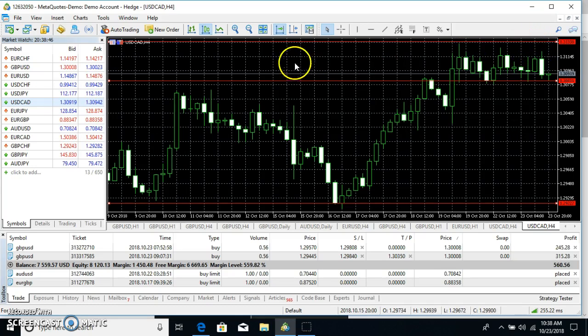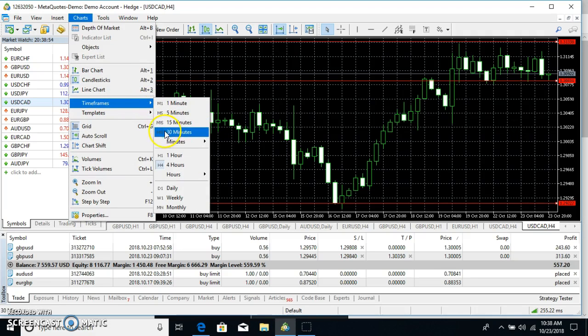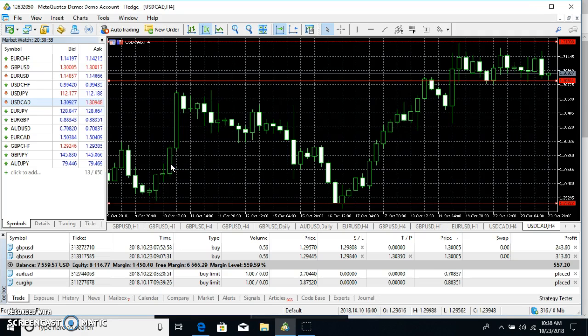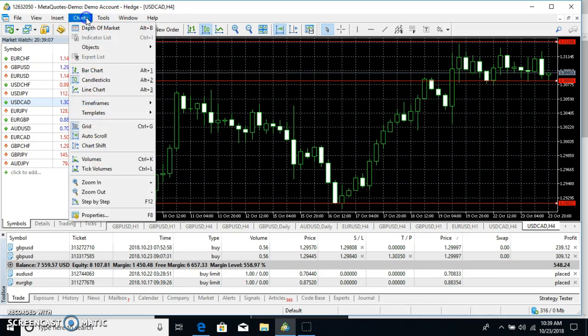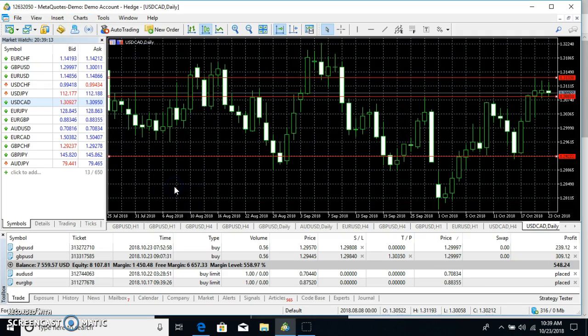And you can see it better on the 4-hour chart. Okay. Let's look at the day chart. I'm already on the 4-hour chart. Let's look at the day chart.